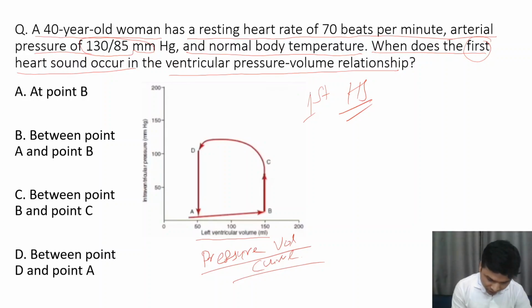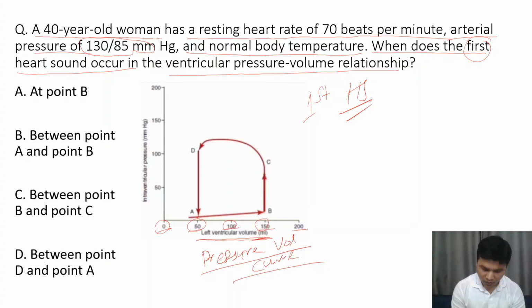Here is the left ventricular volume in ml. Here is 0, and here is 50. So volume starts from 50, and here is 100, and here is 150. So it reaches a maximum of 150, 200 is not reached.